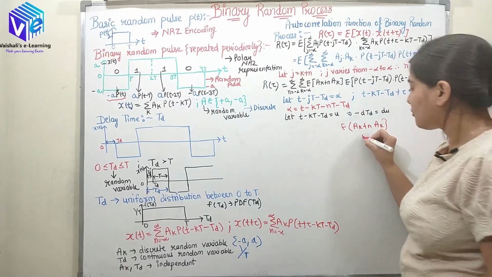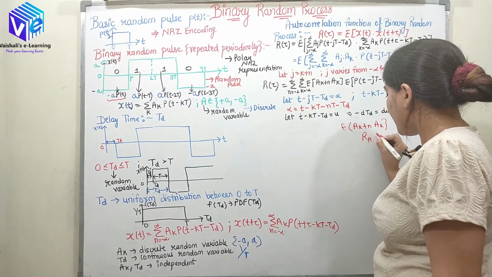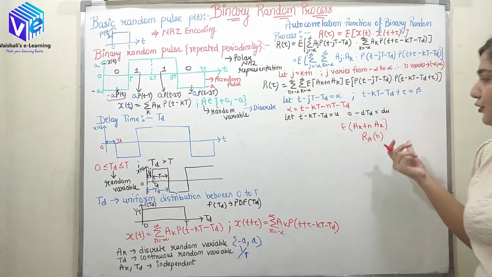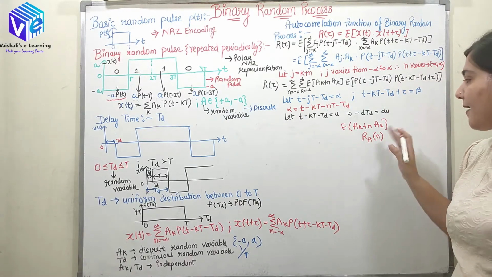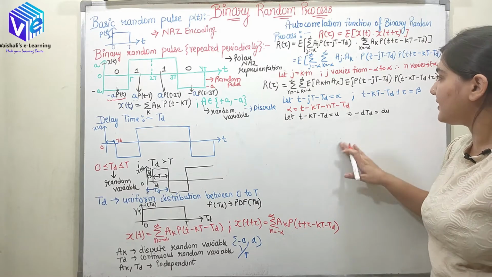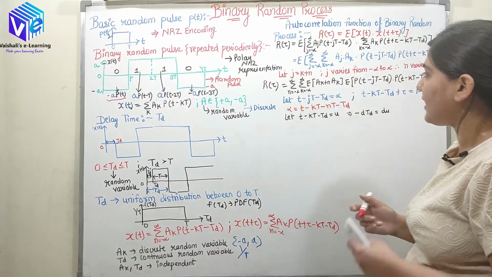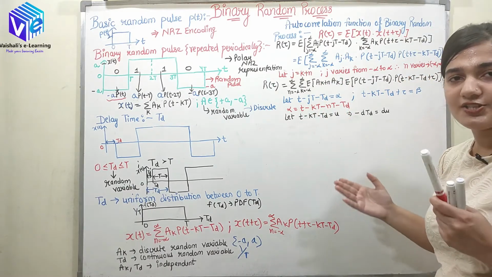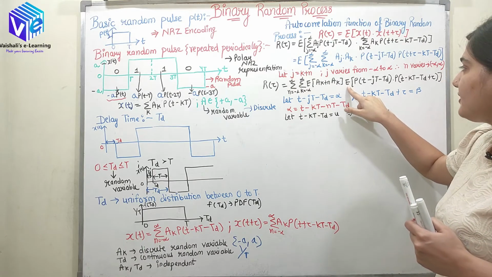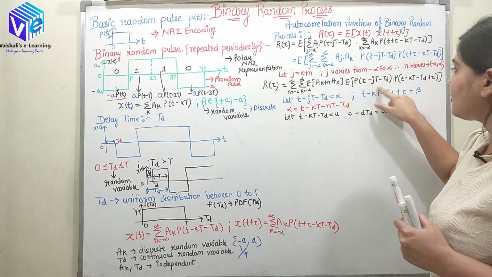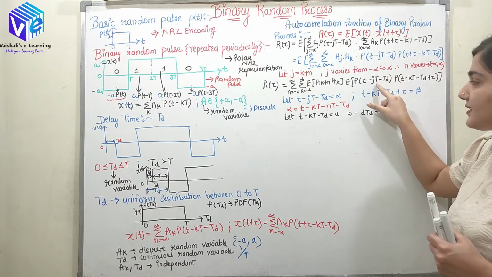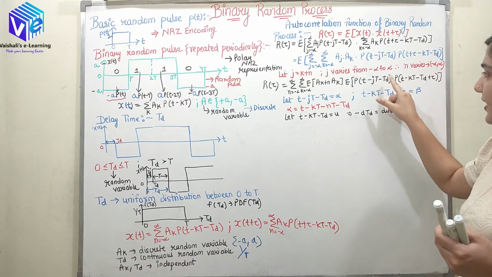It is the autocorrelation function, so I can represent it as the autocorrelation function of the amplitude. This is why I changed the j. Now I'll be changing the j here as well.